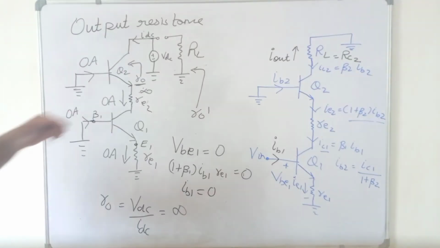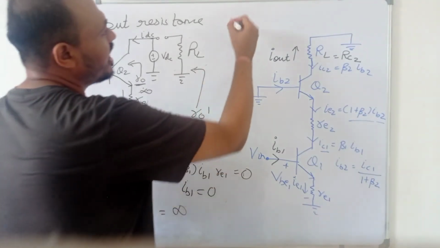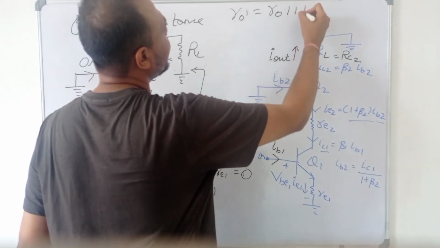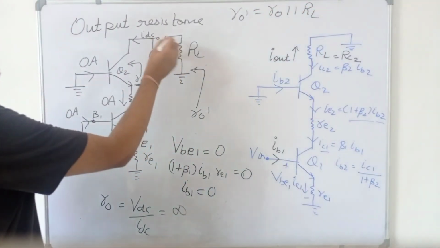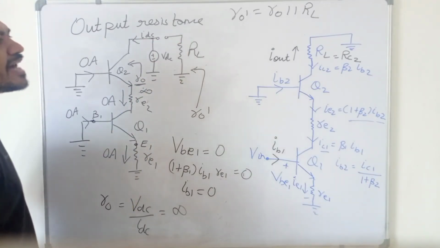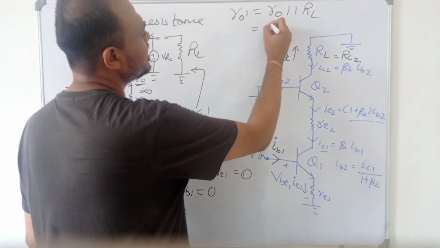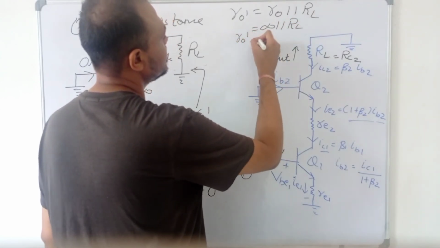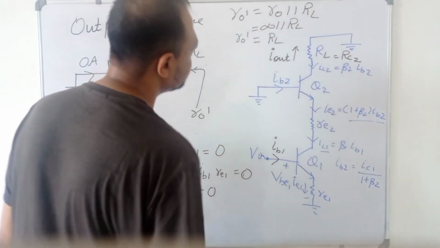So R naught is infinite, and R naught dash is equal to R naught in parallel with RL. If we connect these 2 points, then R naught dash is equal to R naught in parallel with RL. So R naught is infinity, so infinity in parallel with RL gives RO dash equal to RL.